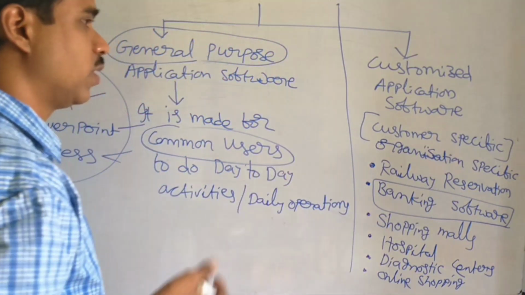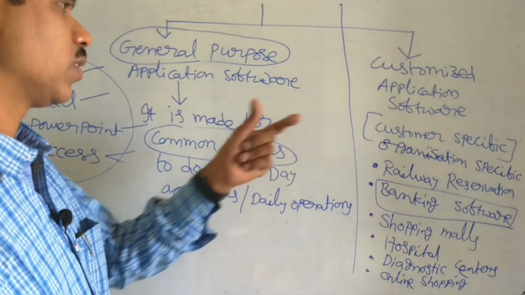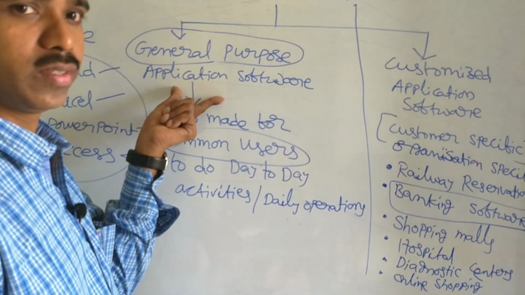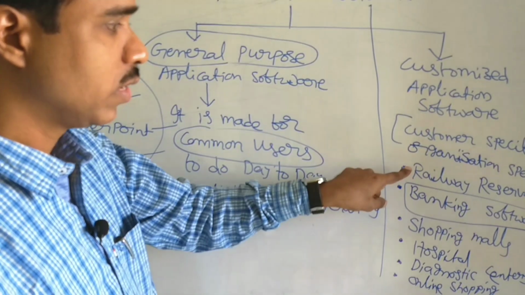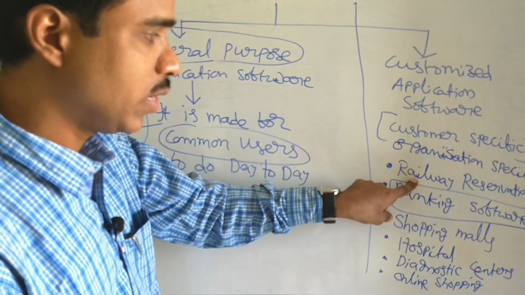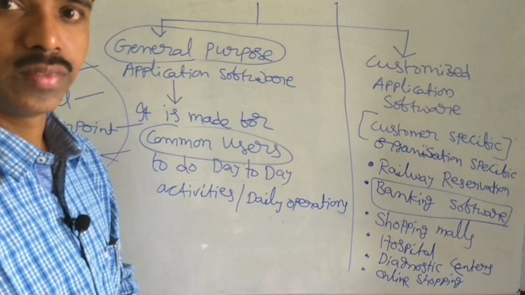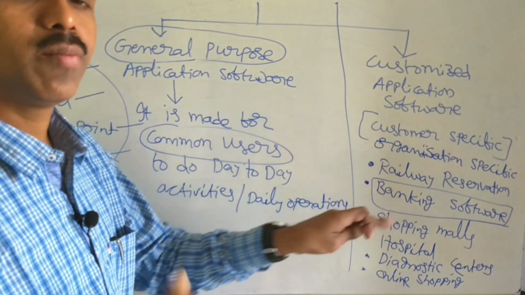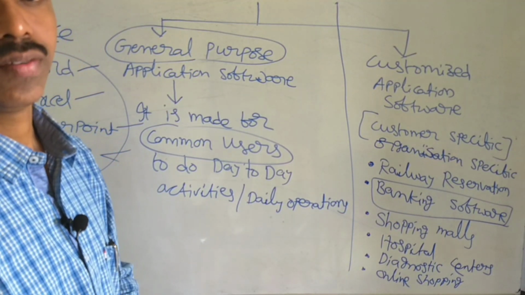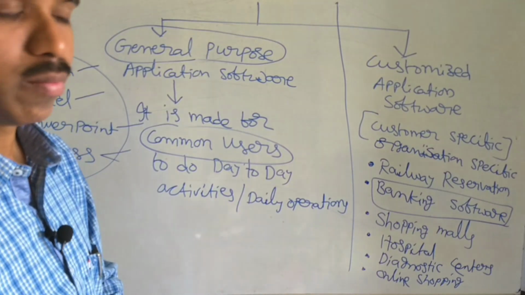So just understand the internal principle of what is customized application software and what is general purpose. General purpose means anyone can use it. But here, the software which was developed for railway cannot be used for RTC. Is it or not? The software which was developed for banking cannot be used for mobile companies. Why? Because their requirements are completely different.